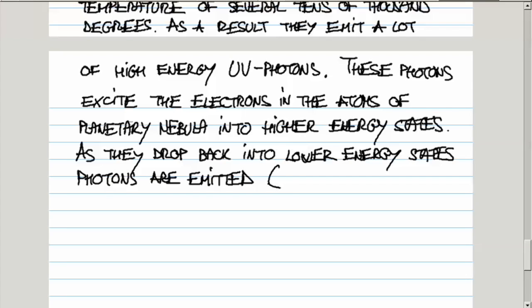Why do they glow? How do they produce light? Through a similar kind of thing, except the excitation was done by the high energy solar wind particles. Here, it's done by high energy UV photons. And this process of electrons being excited and then dropping back with the emission of photons is known as fluorescence. And that is how planetary nebulae produce the light.